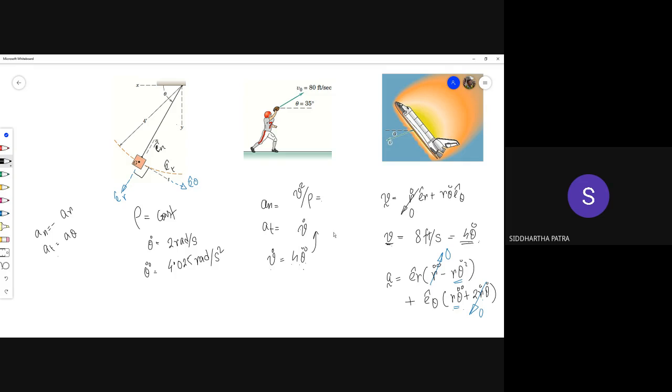As you can see, ar is a negative quantity because it is r times theta dot squared. Since v is r theta dot, v squared by rho is r theta dot squared. So whether you go by this set of expressions or by that set along with this one, you are going to get the same values for an and at.